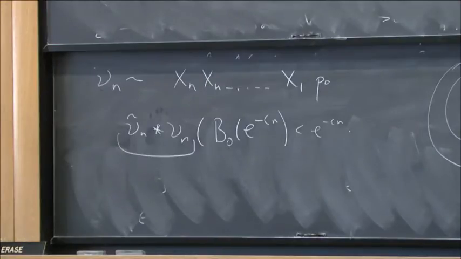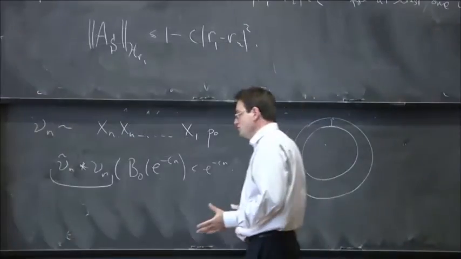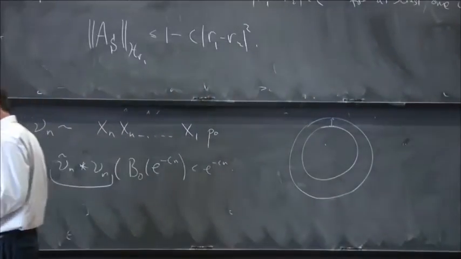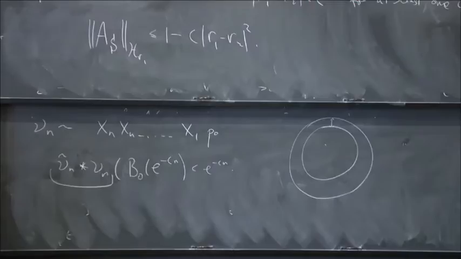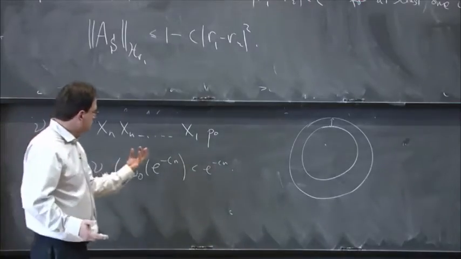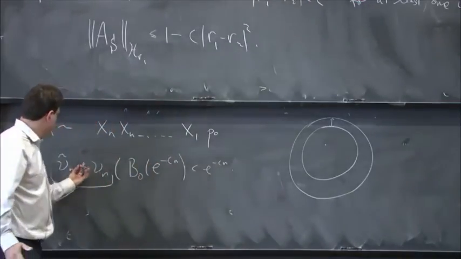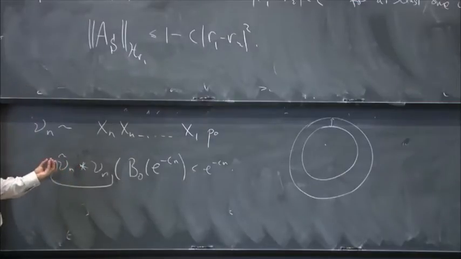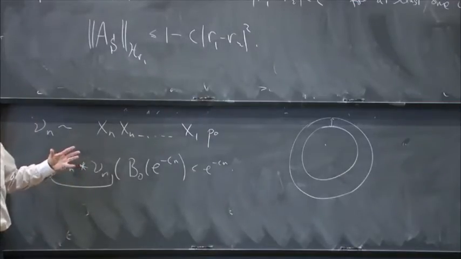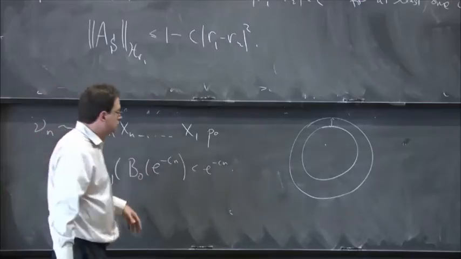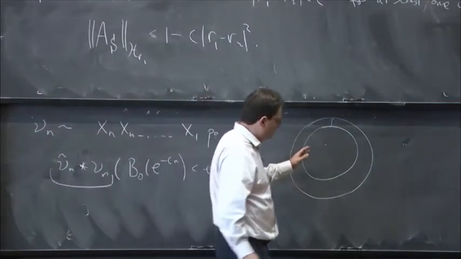Now, Fourier transforms of measures have some restrictions on them. They can't just be an arbitrary thing. So in particular, this measure you could decompose into a part which is very close to the origin and a part which is far away from the origin. The part which is far from the origin, you're averaging.